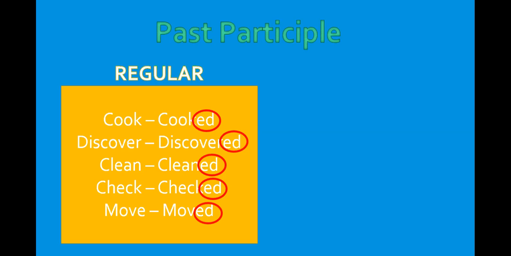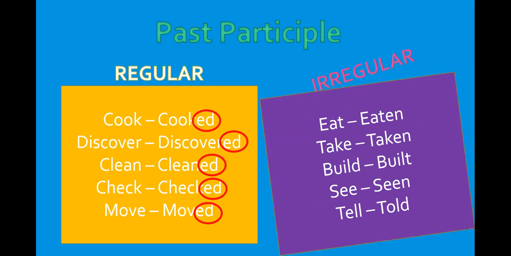The problem comes when we have to use a verb that is irregular. And I say it's a problem because if you're not very familiar with these irregular verbs, you're going to have a difficult time using the past participle form of these verbs. In my list, okay, I am showing you some of the most typical verbs that we use in everyday speech, communication, and discourse.